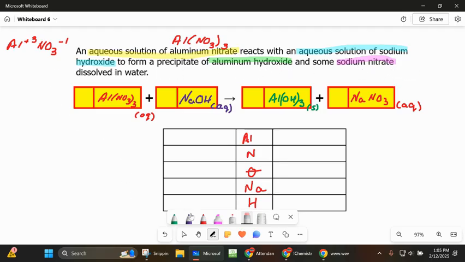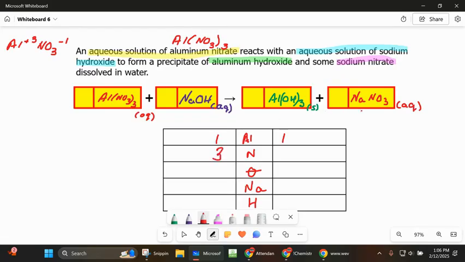All right, so now, just creating a little space for myself here to continue writing. How many aluminum on the reactant side here, Kaela? 1. How many on the product side? 1. Thank you. How many nitrogen on the reactant side here, Anna? 3. Yep, absolutely.